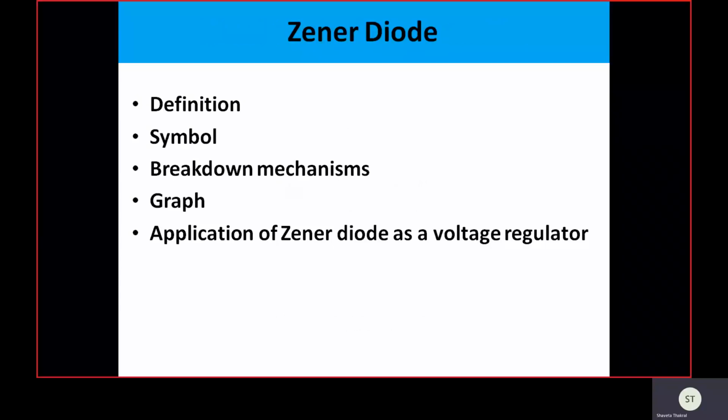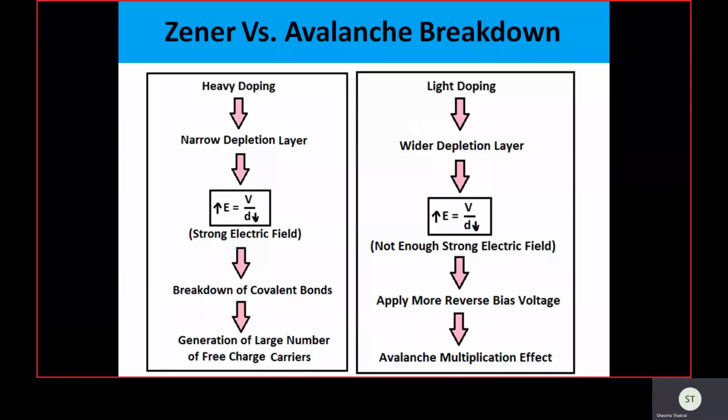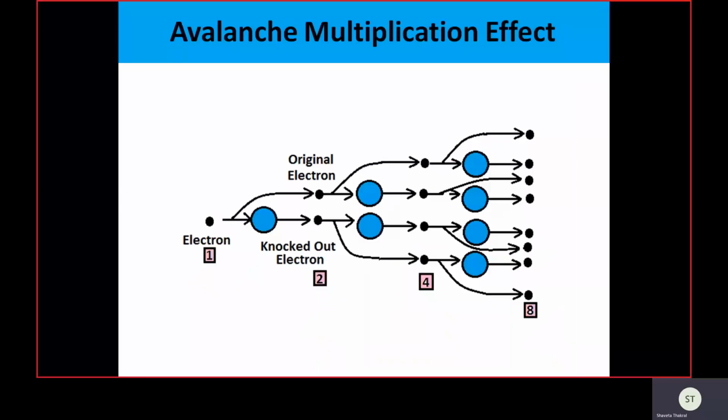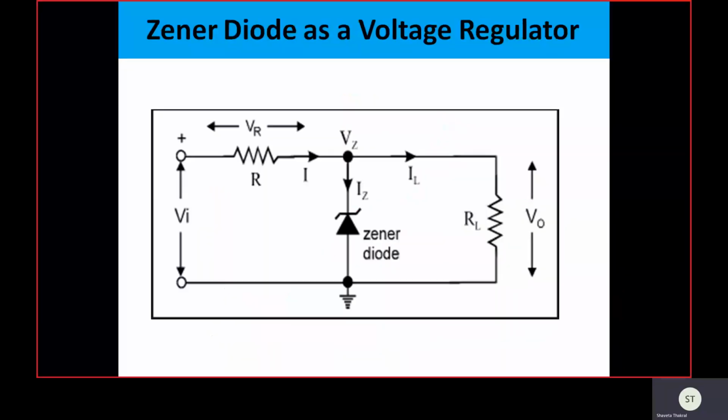Then we have discussed Zener diode, the difference between Zener and avalanche breakdown, avalanche multiplication effect, then graph for Zener and avalanche breakdown mechanism, then application of Zener diode as a voltage regulator.